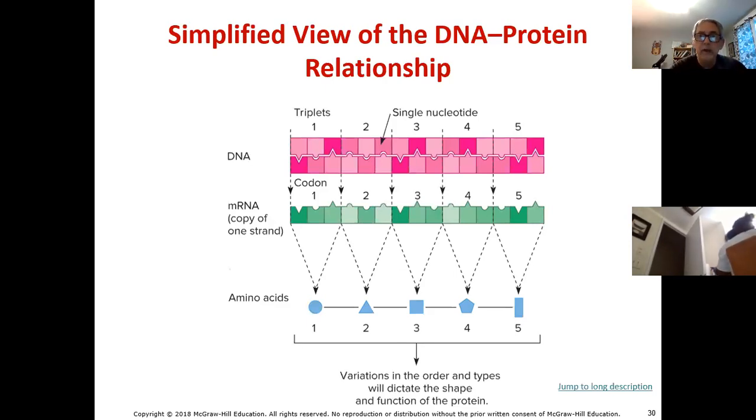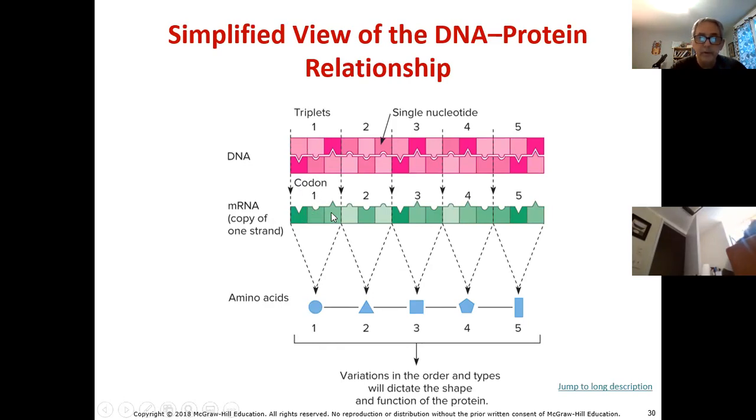Simplified view of the DNA-protein relationship. We start with the DNA. So the genetic code is in triplets. And by complementary base pairing, the message RNA has to match, when this opens up, that genetic code.